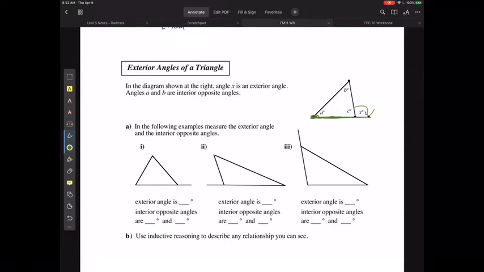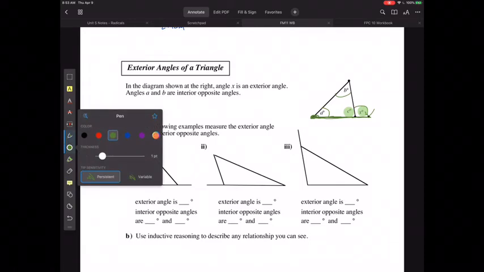This is the exterior angle, and then the two opposite angles on the inside are going to be B and A. Those are going to be the two angles that it doesn't touch. The angle that it does touch would be angle C, and that's going to be the interior supplementary angle because X and C obviously make a straight line.